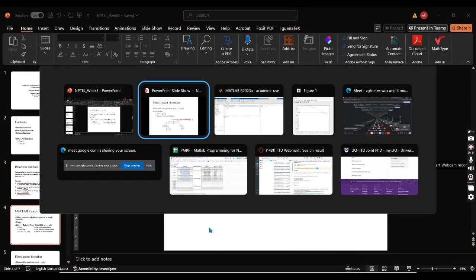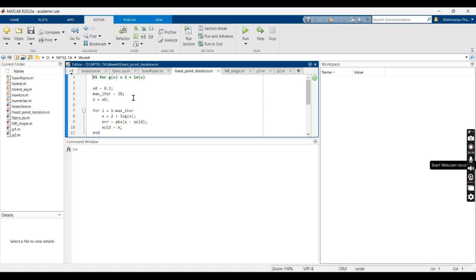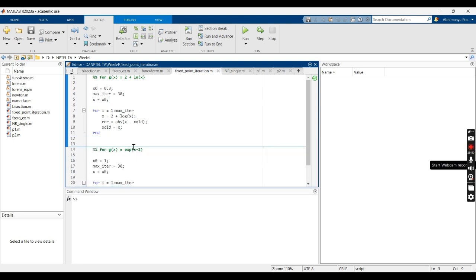So let us look at that example. First, let us just expand this. We will look at two cases of g(x).